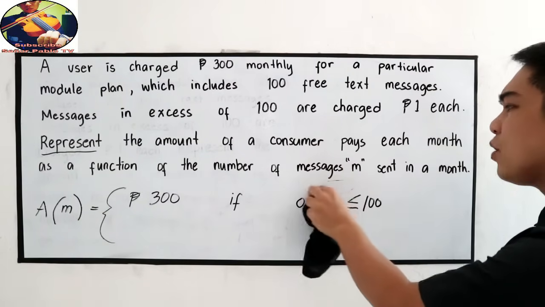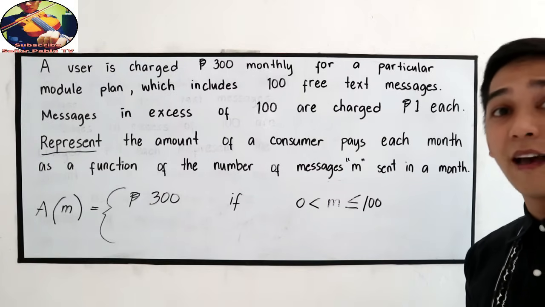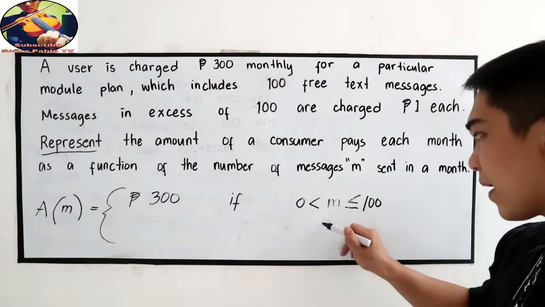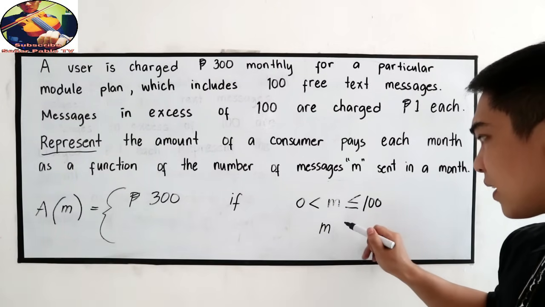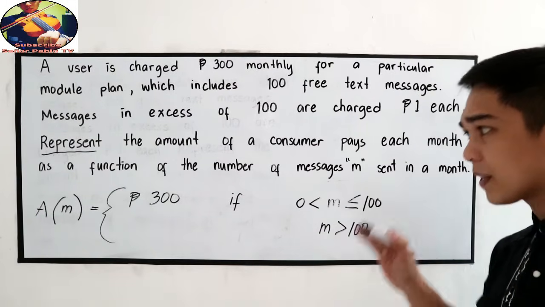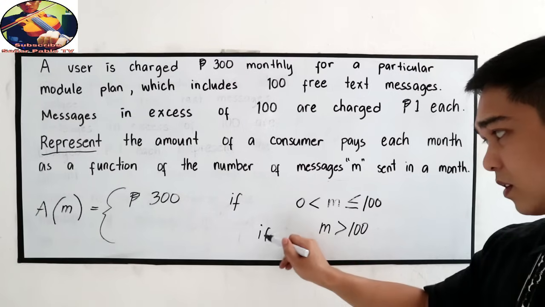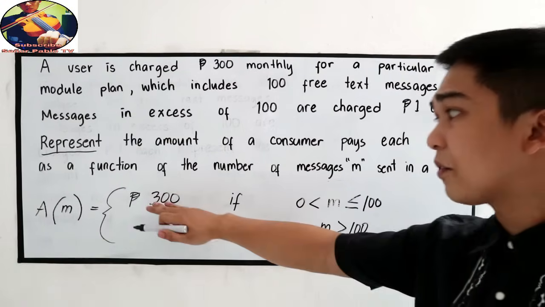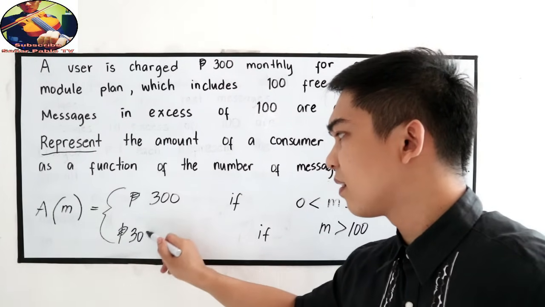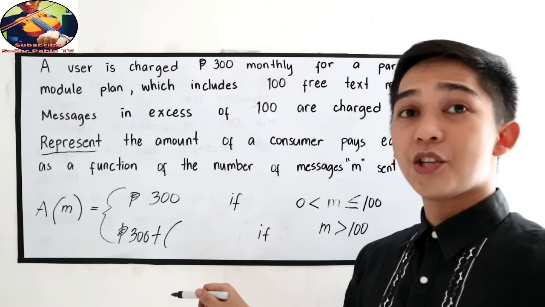Next. Paano naman ngayon kapag sumobra siya sa 100? So, if the messages is greater than 100, or let's say 101 pataas, magkano ngayon yung babayaran niya? So, since meron siyang fix na 300 pesos, lalagyan lang natin si 300, plus yung charge niya.